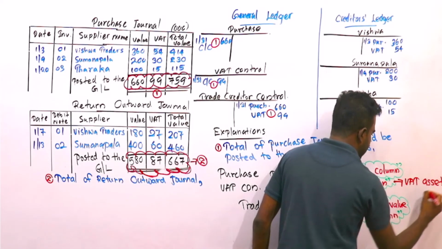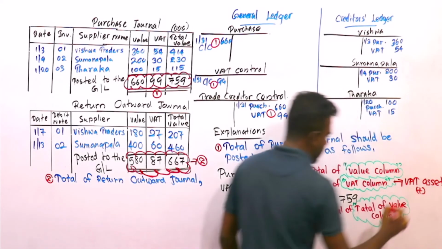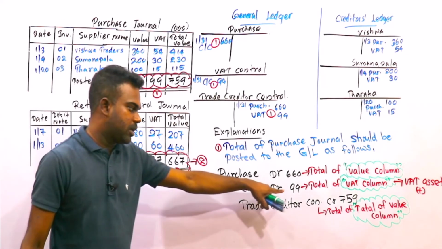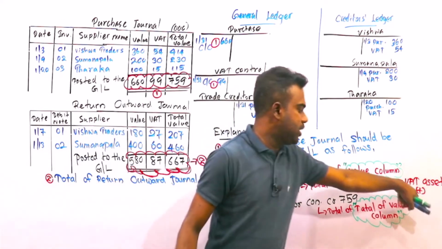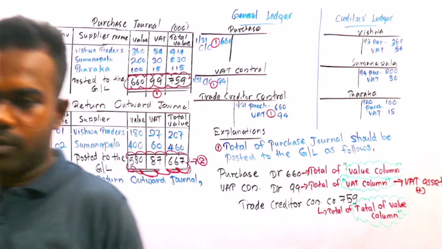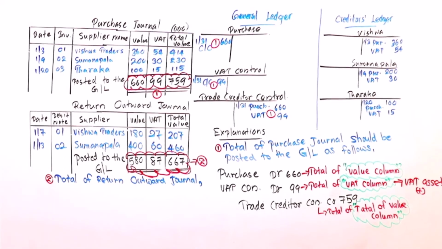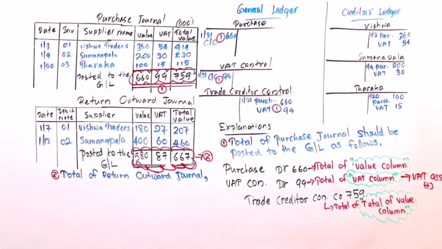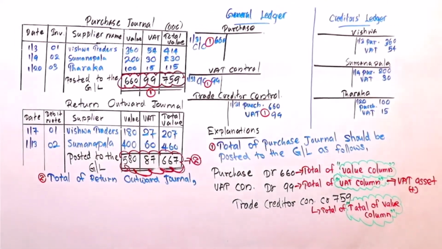VAT asset increase, right? Write down this one in front of the VAT debit entry. VAT asset increase. That's why we debited, right?